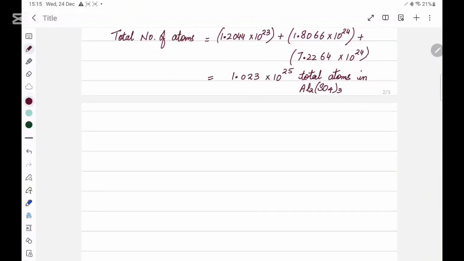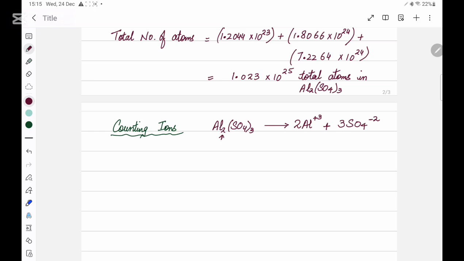Now further, the last thing I want to discuss with you is counting the ions. How can we count the ions? You know that aluminium sulfate, Al2(SO4) whole thrice, contains 2 aluminium ions, because you can see this is 2 here, with a plus 3 charge on aluminium, and there are 3 sulfate ions, and sulfate has a -2 charge.